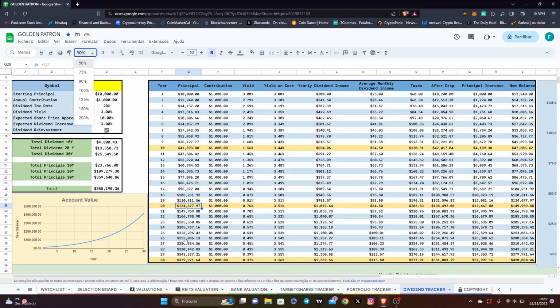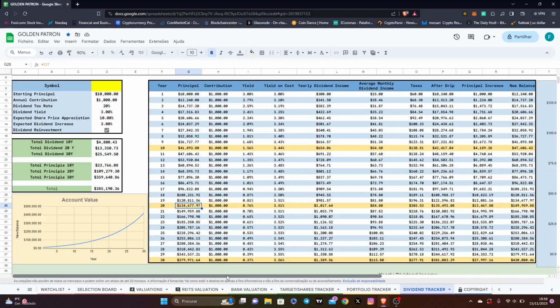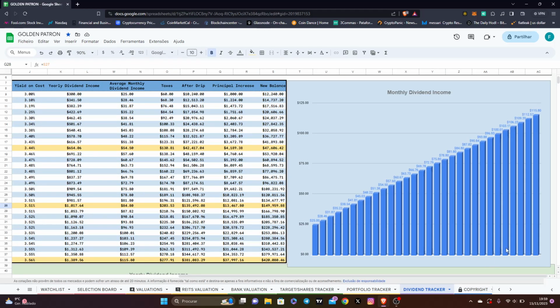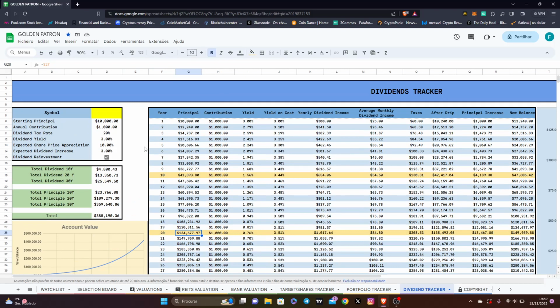And in the chart right here, the monthly dividend income, as you can see, you would go from $25 to $115 monthly dividend income from your investment.